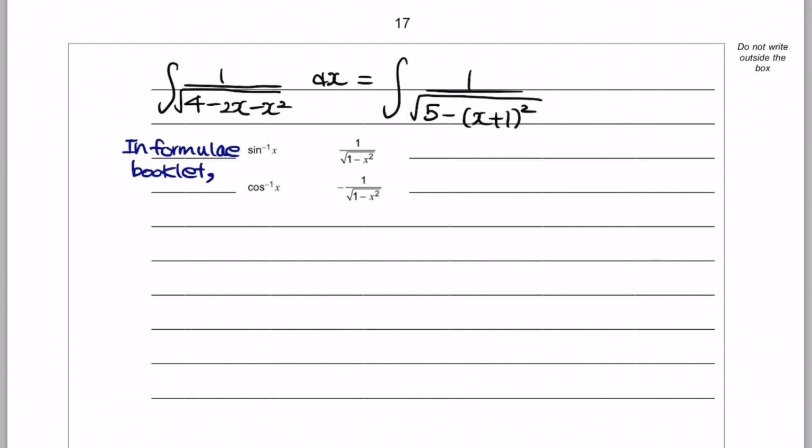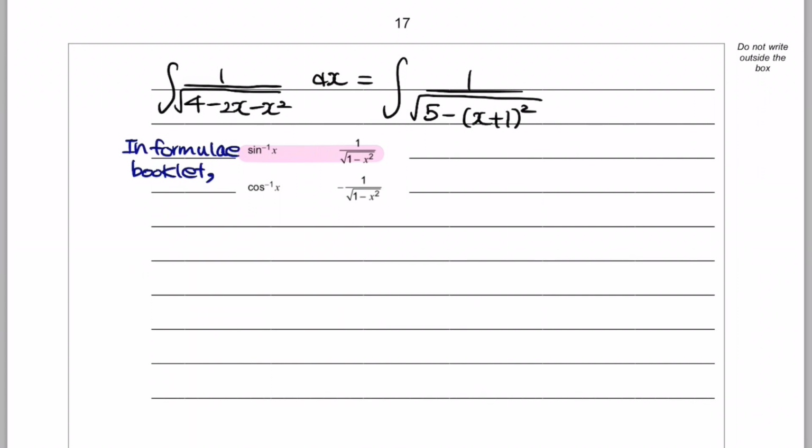Why are we completing the square? Because in your formula booklet, there is a differentiation tab where it has a very similar form of the differentiated result, which is the differentiation of inverse sine and inverse cosine.